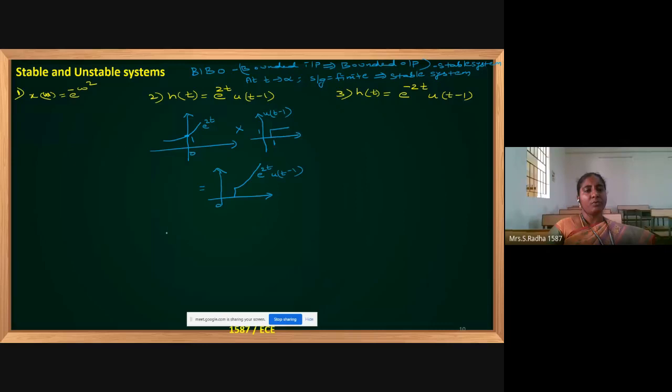Now you check at t approaches infinite. The signal value is infinity, positive. This is the time t.